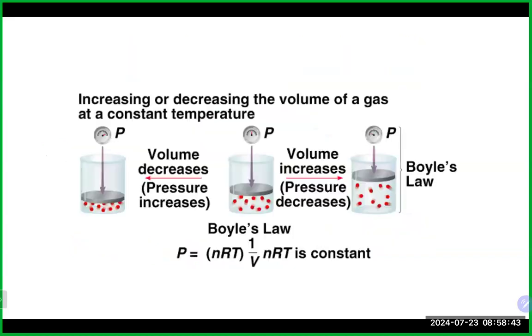So putting all those gas laws together and looking at some of the relationships we saw, with Boyle's law, as the volume increases, the pressure will decrease, and vice versa. Again, smaller volume, less room, more collisions, higher pressure; larger volume, more room for everybody to fly around, lower pressure.